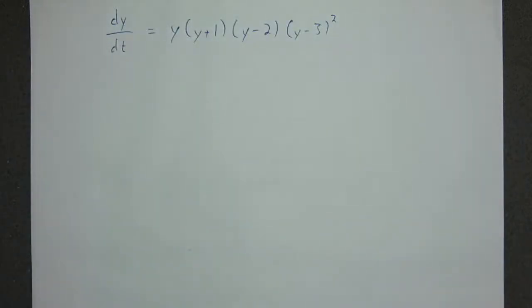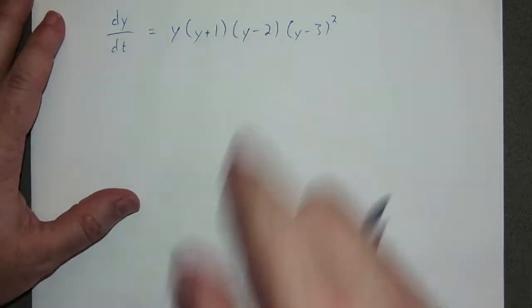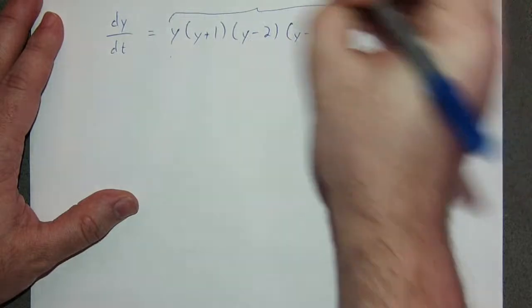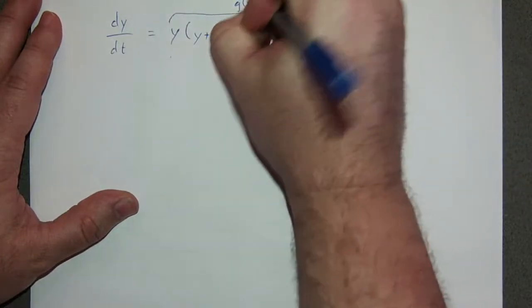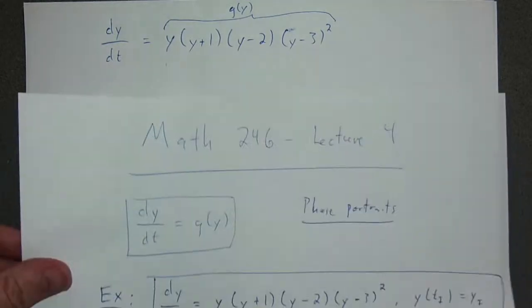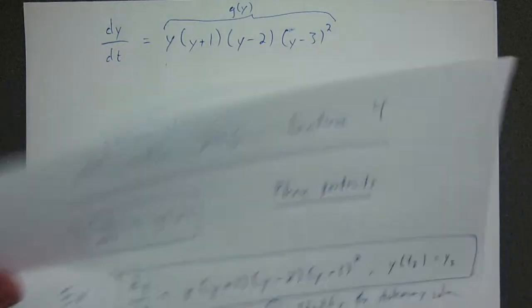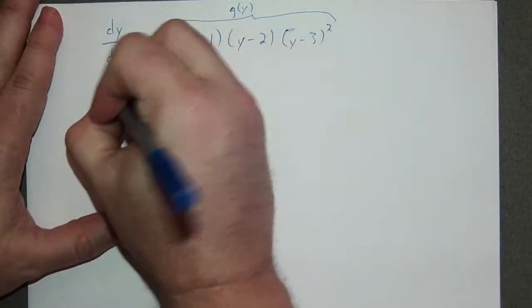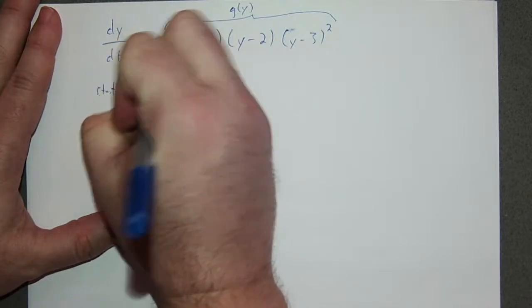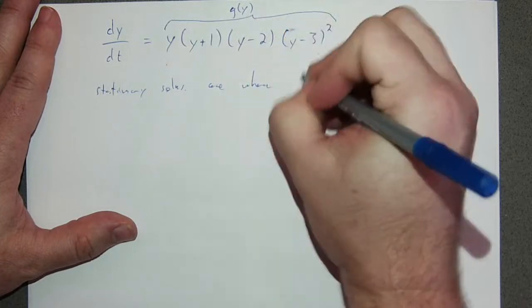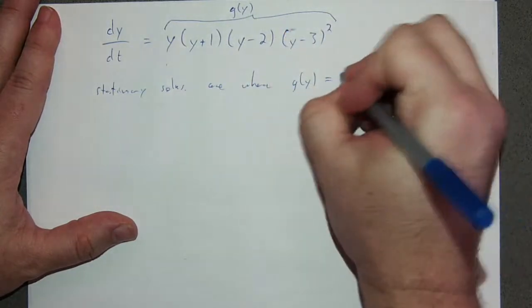The stationary solutions are where g of y is equal to 0. Of course, this whole thing is g of y, and we're viewing this as an autonomous equation in this form.